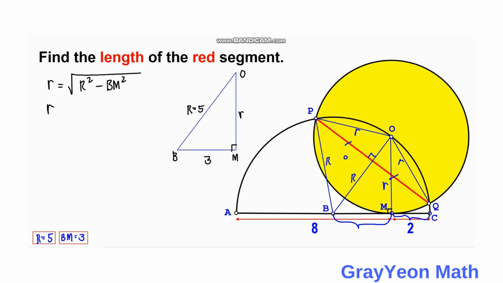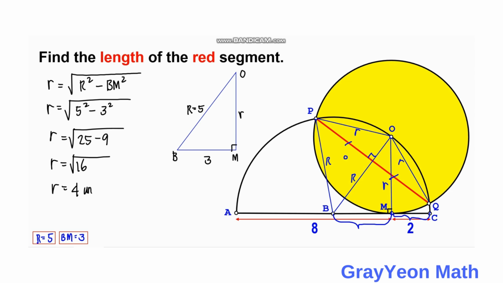So r is equal to the square root of 5 squared minus 3 squared. This gives us 25 minus 9, which is 16, square root of 16. So r is equal to 4 units.